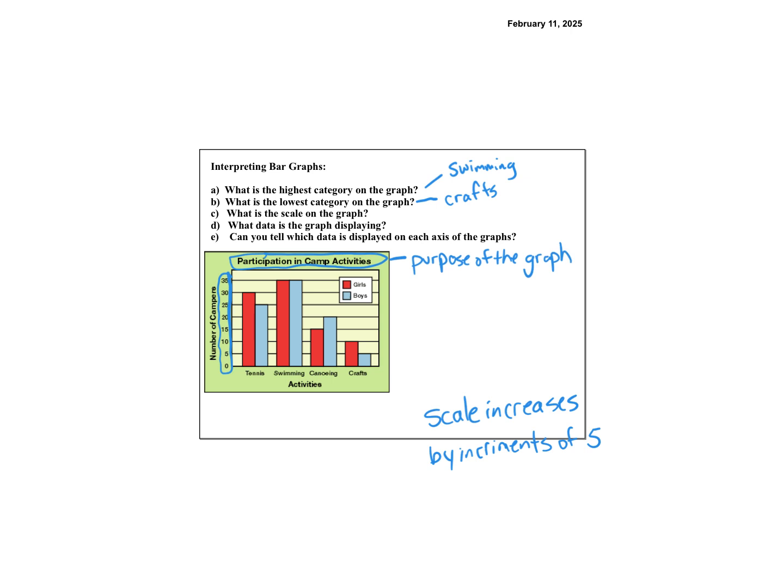And we can definitely tell what's displayed on each of the axes because we have the labels. We know that that's activities, and we know that this is the number of campers participating in those activities. So the purpose of looking at this is to make sure that you have the information on the graph so that someone can interpret it properly. It would be hard to tell what this was about without the labels on the x and y axis or the title at the top.